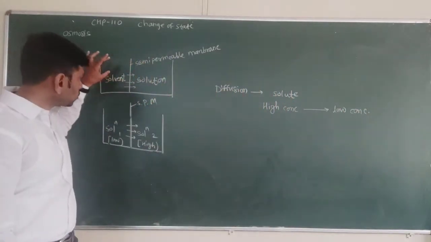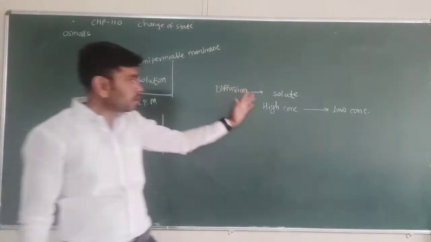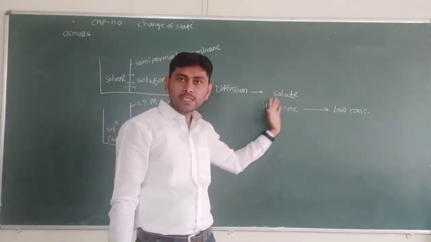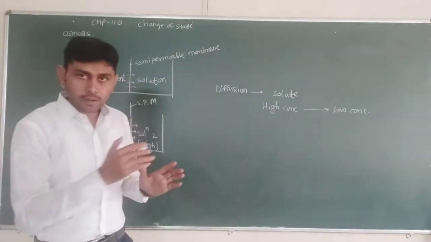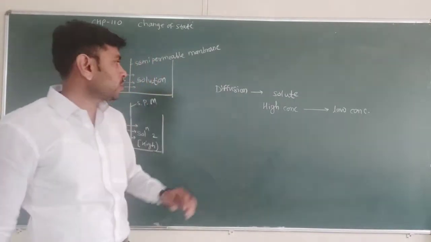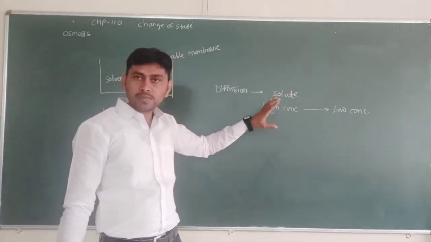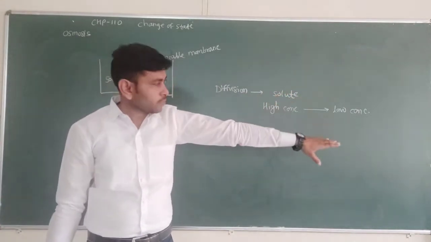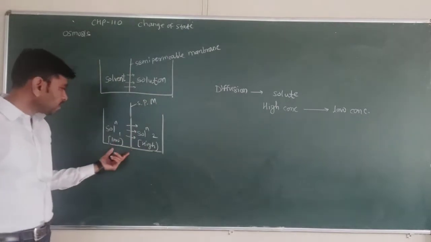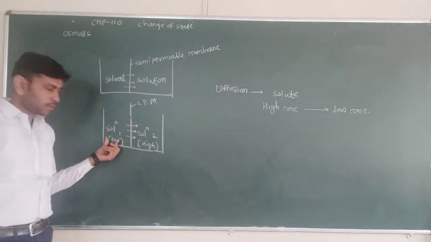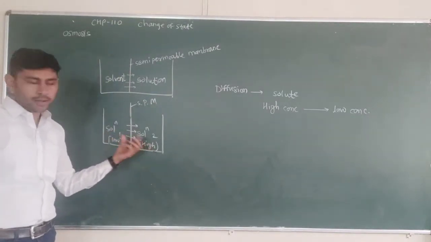In osmosis only solvent molecules flow, but here solute molecules pass as well as solvent molecules. So diffusion is the process in which solute molecules pass from high concentration to lower concentration, and solvent molecules pass from lower concentration to higher concentration.